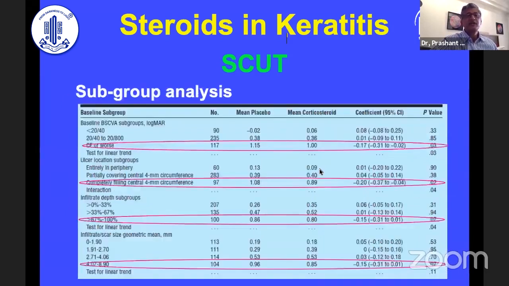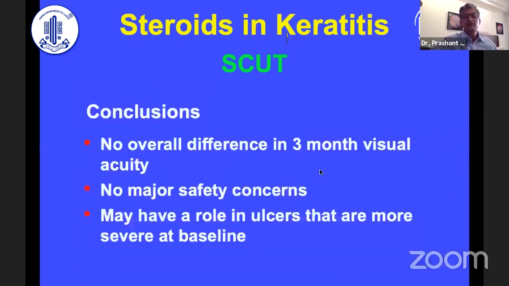The group also did not find any major difference in the side effects or complications. They performed subgroup analysis and thought that probably the only value corticosteroid may have is in the management of severe corneal ulcer. They concluded that there is no major safety concern, but there is no major overall value that corticosteroid therapy has.